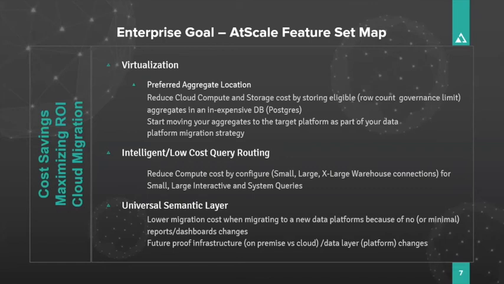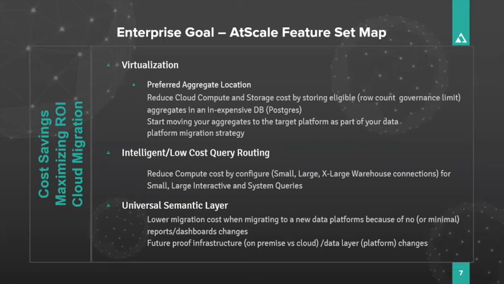So you are controlling the workload that the Snowflake environments are serving, right? And you're doing that in a very autonomous way based on the AtScale AI and ML engine. So that definitely helps reduce compute cost.